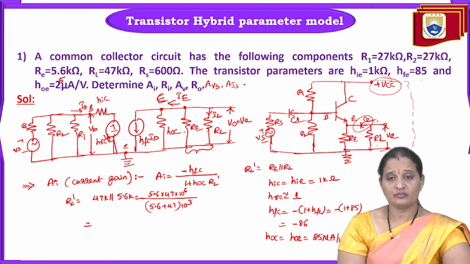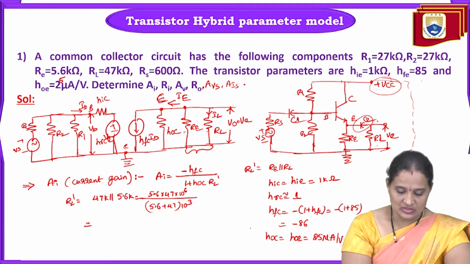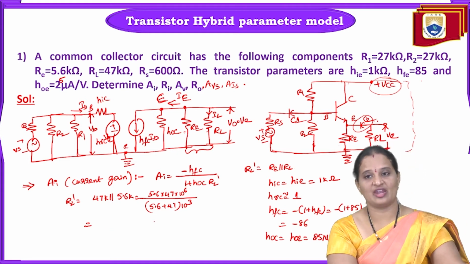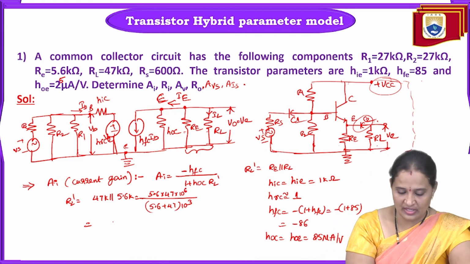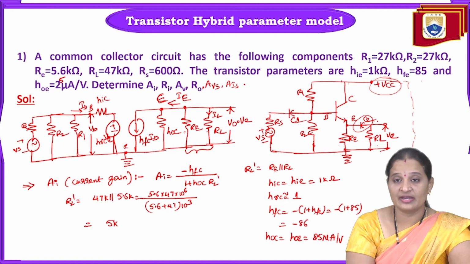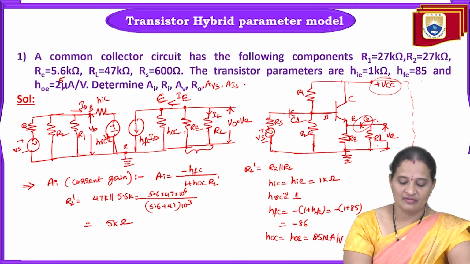This is the way we can calculate the parallel combination. So RL dash value is 5 kilo ohms. If you evaluate this value using the calculator, you'll get the value of RL dash as 5 kilo ohms.